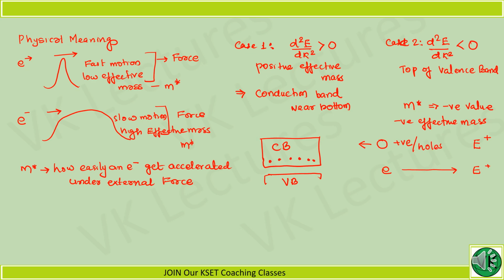So when d square E by dk square is less than 0, this occurs near the valence band, and the charged particles are the holes instead of electrons.